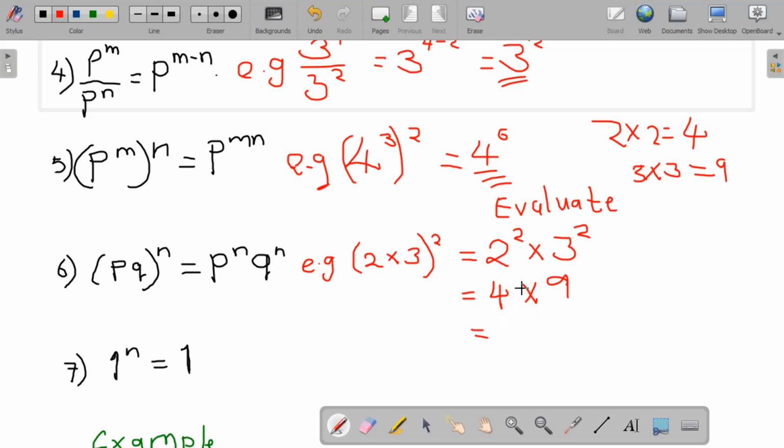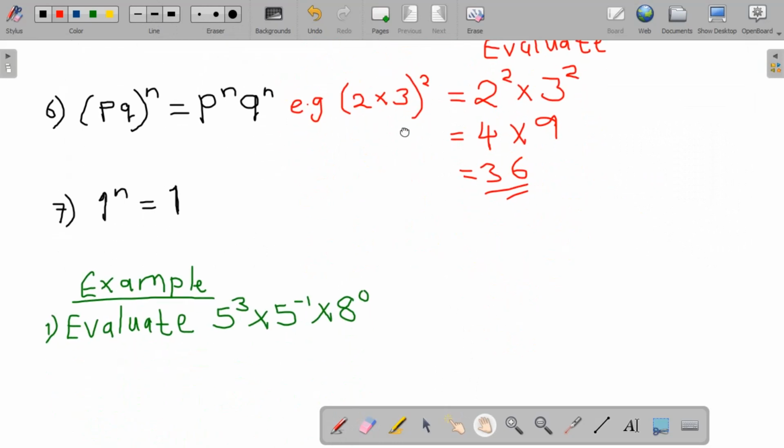To find the answer, we simply say 4 times 9, which gives us 36. So the answer is 36 if they have told us to evaluate. That's how we evaluate. We move on.